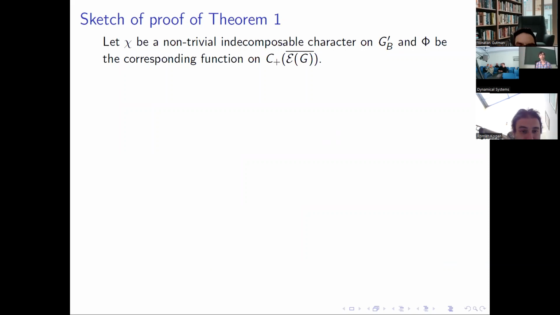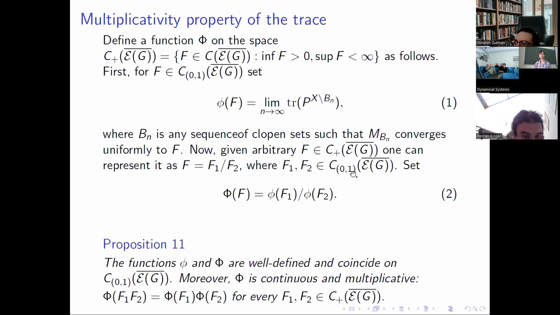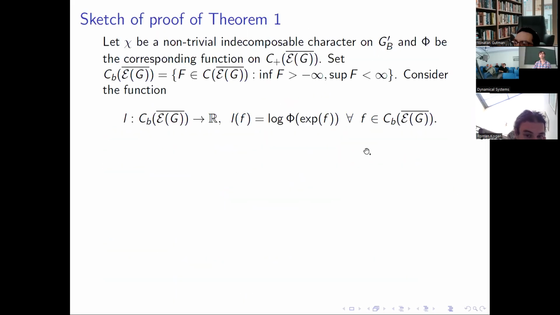So recall that we want to describe all indecomposable characters on the commutator subgroup. Let capital phi be the corresponding function defined here. Using capital phi, we can define a new function by this formula, logarithm of phi of exponent of f.